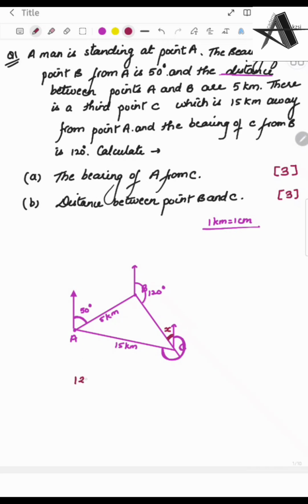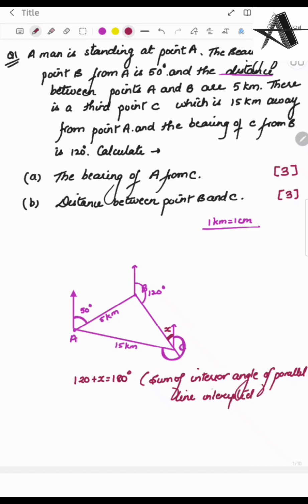So 120 plus X is equal to 180 degrees, because the sum of the interior angles of parallel lines intercepted by a transversal is always 180 degrees. So from here I can say X is equal to 180 minus 120, that is 60 degrees. So I get to know that this value is 60 degrees.